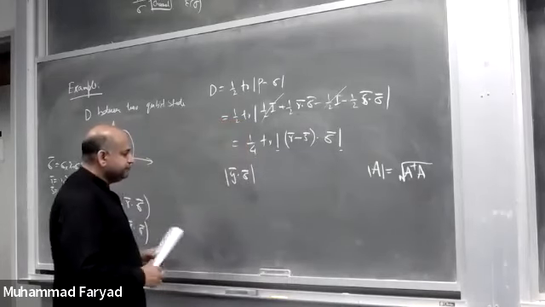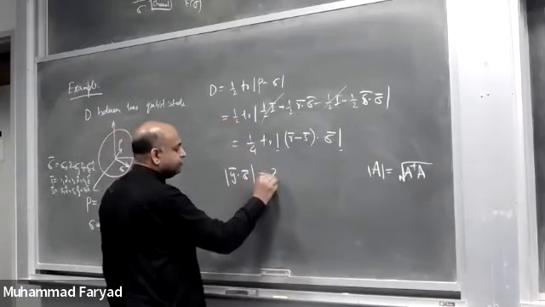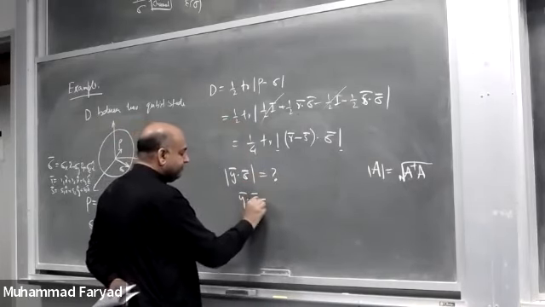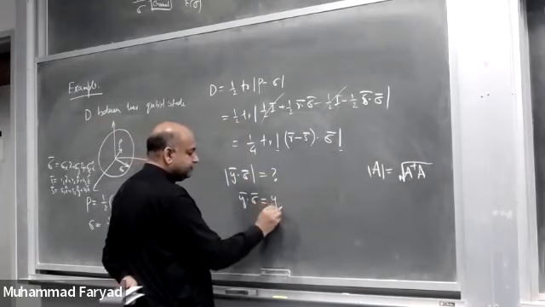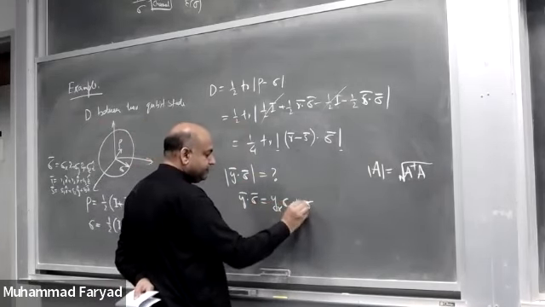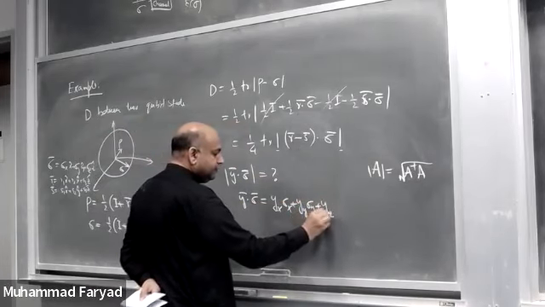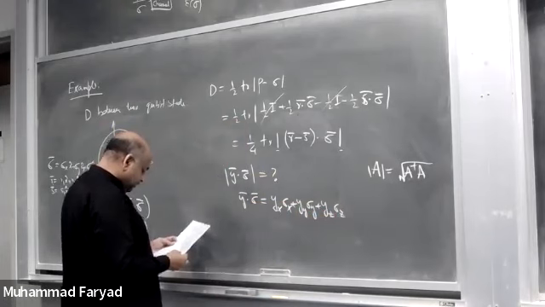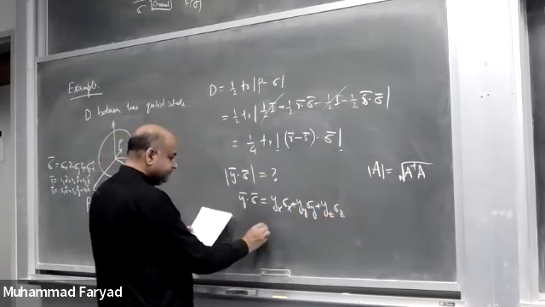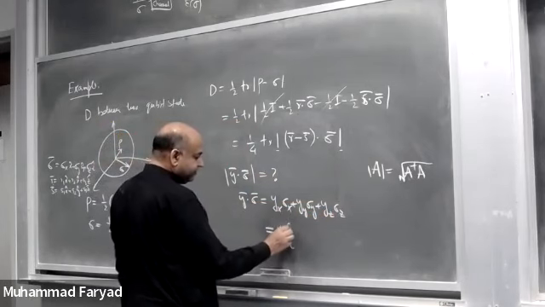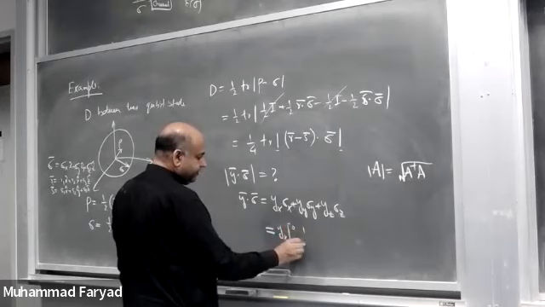So for that, we are trying to find this. So let's work out what is this y dot sigma vector. So this is yx sigma x plus yy sigma y plus yz sigma z. And just to recall, the sigma x matrix is 0, 1, 1, 0.